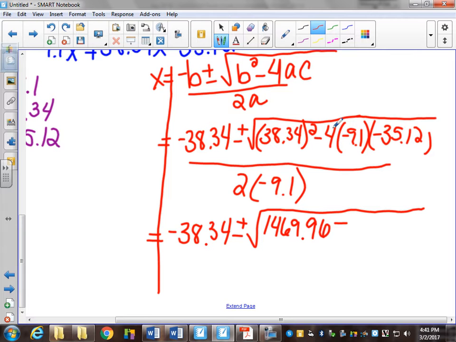Now we can just multiply that, 4 times 9.1 times 35.12, and we get 1,278.37. 2 times negative 9.1, negative 18.2.